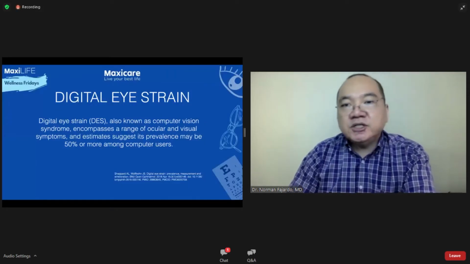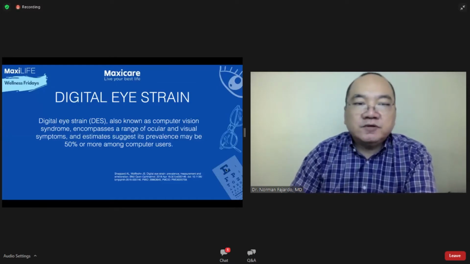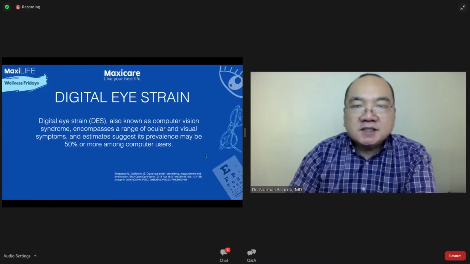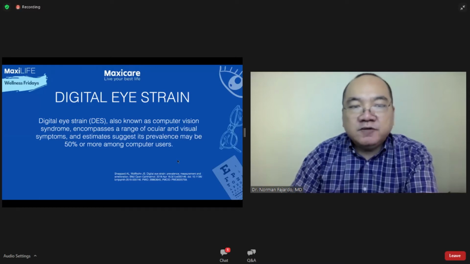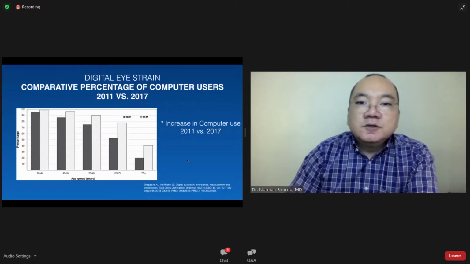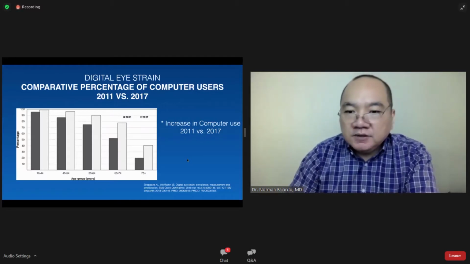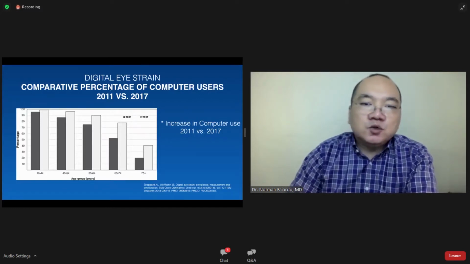So what is digital eye strain? Digital eye strain, also known as computer vision syndrome, encompasses a range of ocular and visual symptoms, and estimates suggest its prevalence may be 50% or more among computer users. In a study done in 2018, there was a comparative percentage of computer users compared to 2011 and 2017.